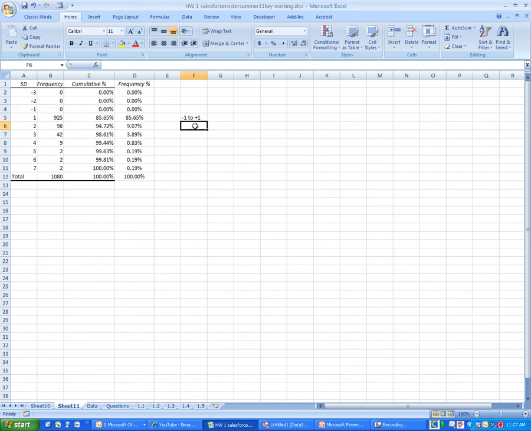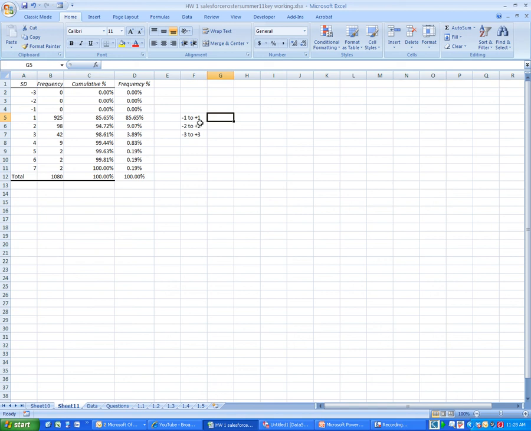We need to know how many are plus or minus 1, how many are plus or minus 2, and how many are plus or minus 3 standard deviations. So we're just going to add up our frequencies according to these ranges.